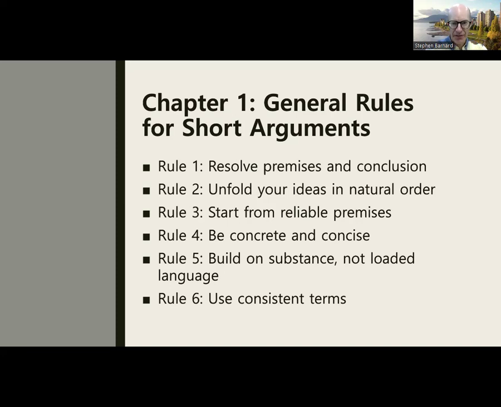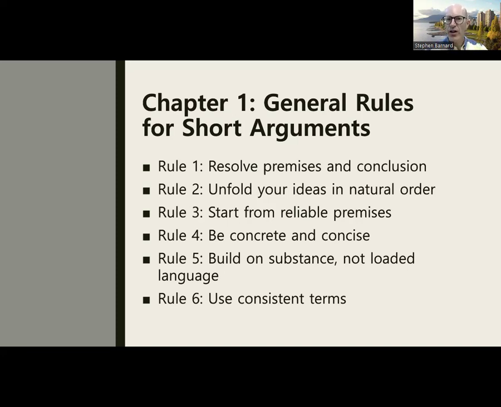So when you give an argument, you should make sure that your premises and conclusion are clearly distinguishable to the listener. You should make sure that your ideas are unfolded or are listed in a natural order. And you have to decide what is the best sequence. Do you want to start with the conclusion and then list your reasons?